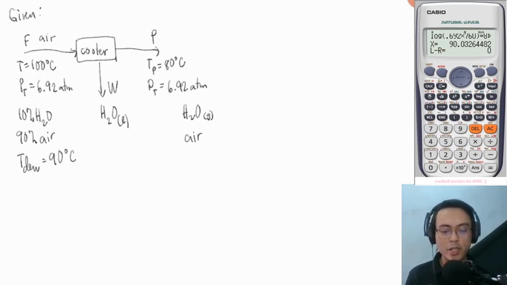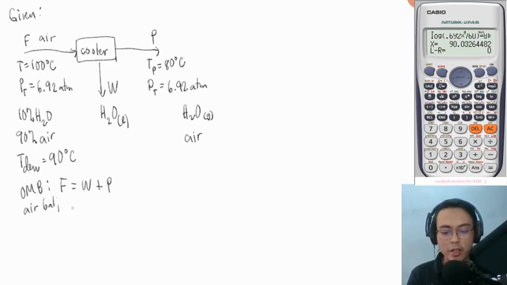Okay? The question is, how much water condenses? So this is where our material balance will come in. If you perform an overall material balance, this is simply F is equal to W plus P. Okay? Basic. If you perform the air balance, what do you get?